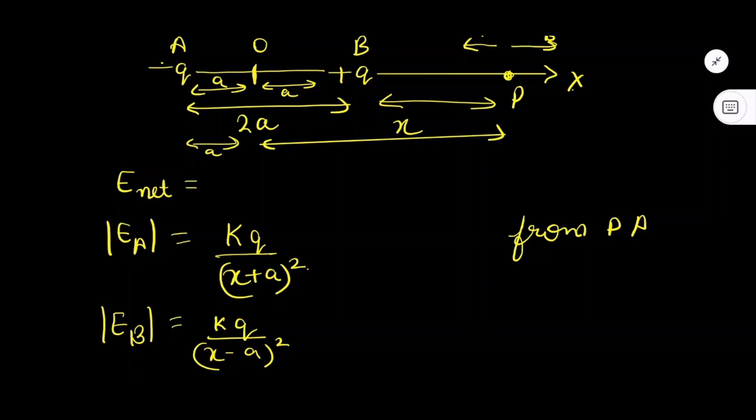So this will be the electric field due to B, and the direction will be from P to x. Okay, so this is the direction.